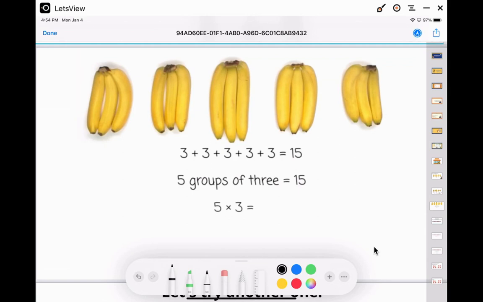We could also describe our bananas by calling them 5 groups of 3, or we could use multiplication. Tell me, please, on the side of your screen, what is 5 times 3? Did you say 15? That's absolutely correct. 5 times 3 equals 15.